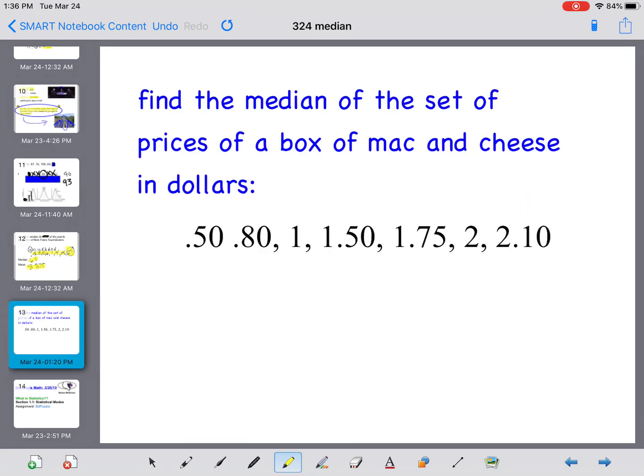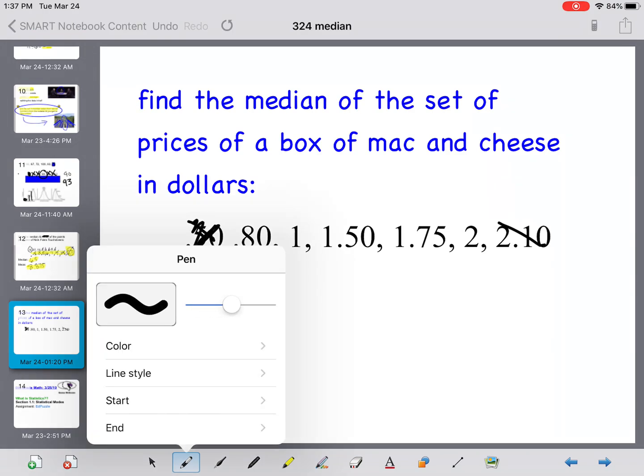So let's look at one more example here. Find the median of the set of prices for a box of mac and cheese in dollars. So what we're going to do is, if you look, conveniently it's already in number order. Some of these might be, some of them might not be. So what we have to do now, pretty straightforward, we just cross out the outsides first.